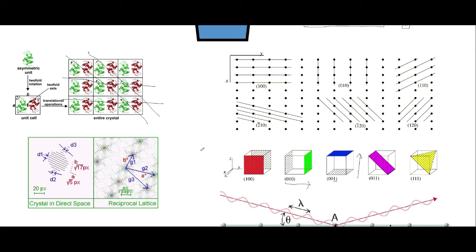And so what happens when you diffract off of the plane is the closer together the planes are, the further apart the diffraction pattern is going to be. And that's sort of an intuitive way why they call it reciprocal space, because if our spacing in real space is separated by x, then in reciprocal space it'll be separated by 1 over x, where if this is getting larger, then this number here will be getting smaller.